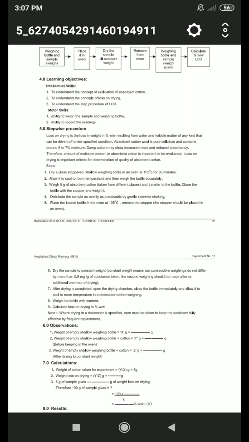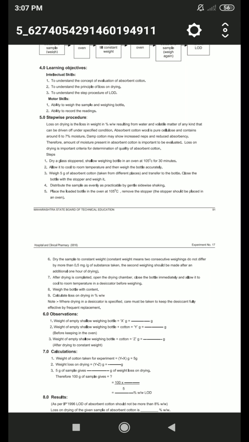Then observation: the weight of the empty shallow weighing bottle is X. The weight of the empty shallow weighing bottle with cotton is Y. The weight of the shallow weighing bottle with cotton after drying to constant weight is Z. Then calculation: the weight of cotton taken for the experiment is Y minus X, where Y is the weight of the bottle with cotton and X is the weight of the empty bottle. Then the weight loss on drying is Y minus Z, where Z is the weight of the bottle with cotton after drying to constant weight.